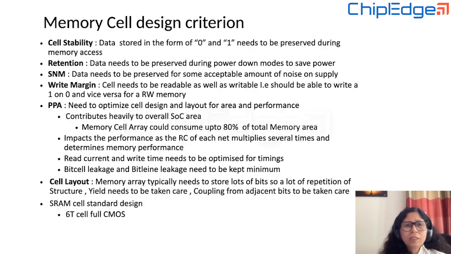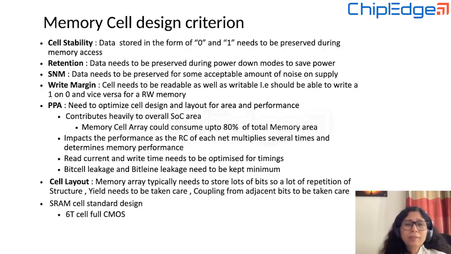Then we have seen that because the bit cell is a very important part and it consumes a lot of area, when the memory has lots of words and bits to be stored, the bit cell can take up to 80% of the total memory area. So one of the key cell design criteria is also keeping the memory bit cell area as optimized as possible.